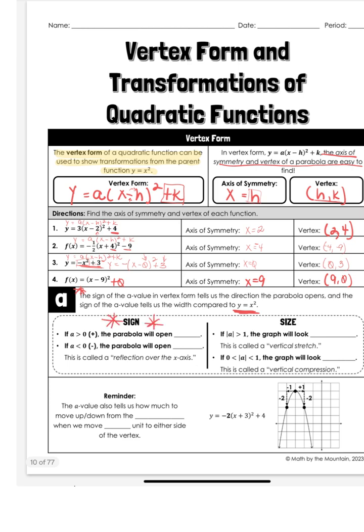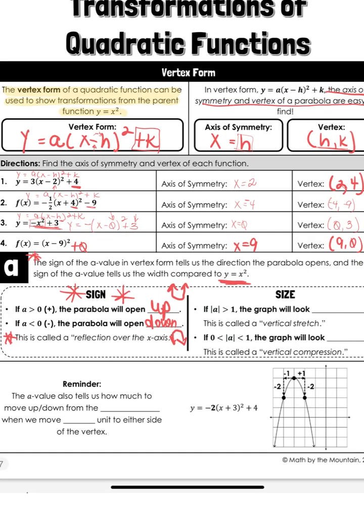If the a in the standard form is greater than 0, or positive, then the parabola will open up like a cup, like this. If a is less than 0, or negative, it will open down, like this. This is called a reflection over the x-axis.